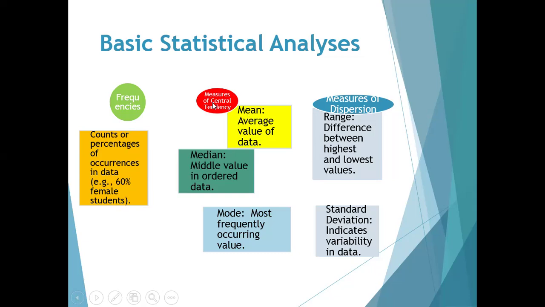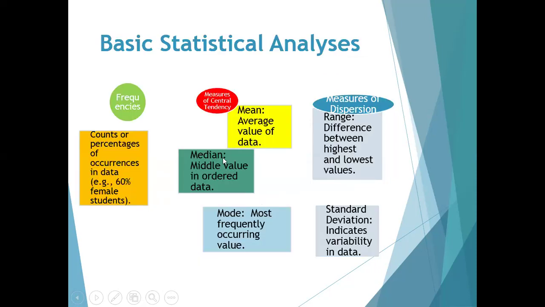Okay, you have three things here: mean, average value of data, the average; the median, middle value in ordered data; mode, most frequently occurring value, no? Okay, I'm sorry. So you have three things.